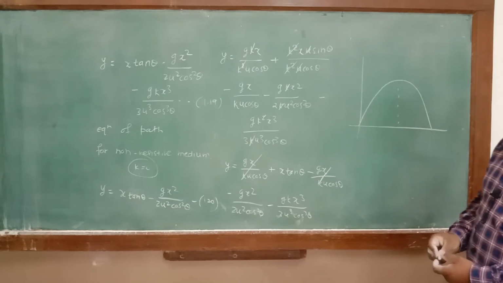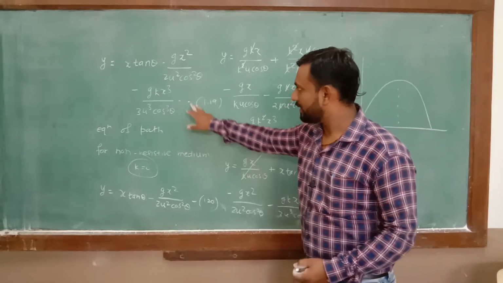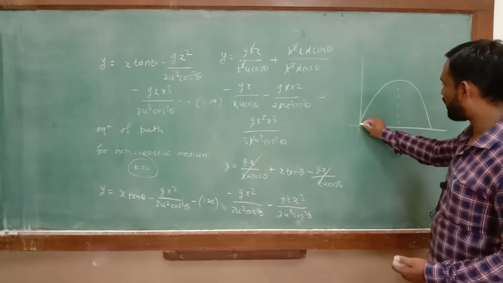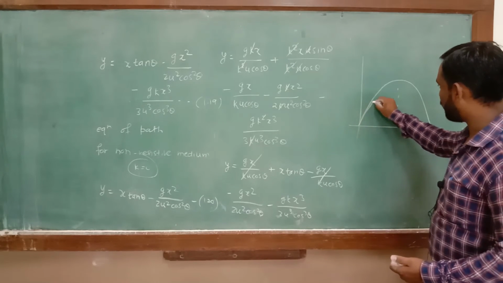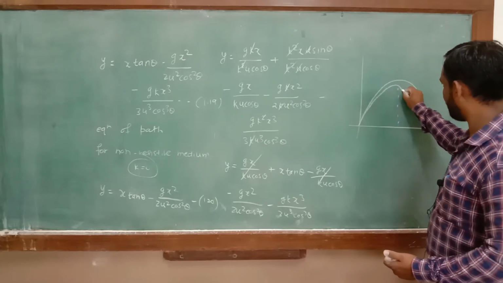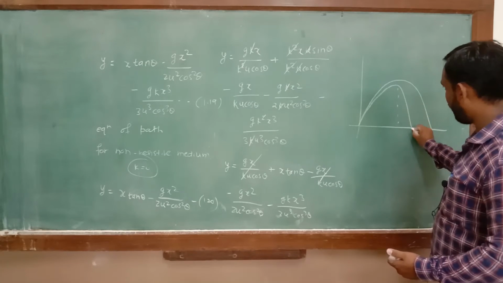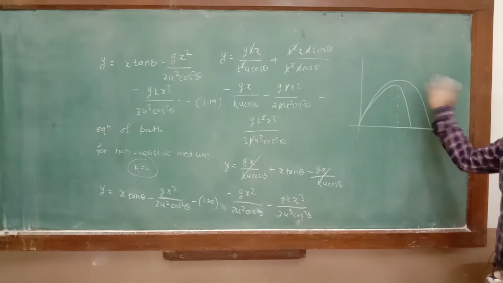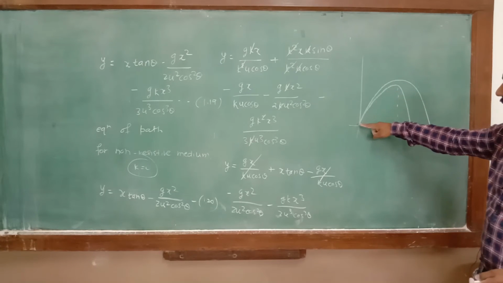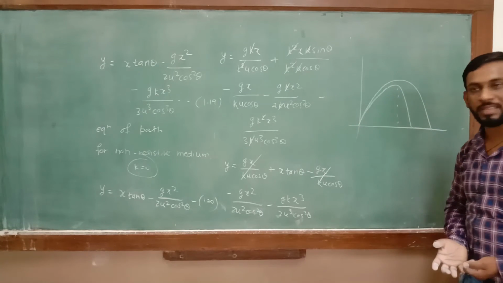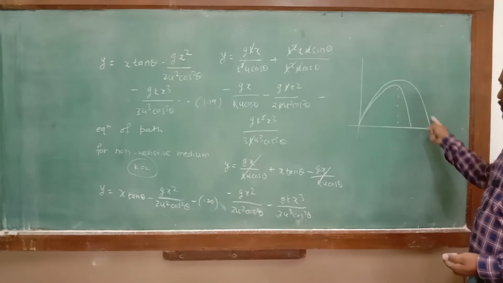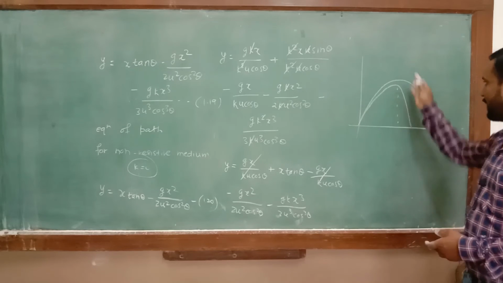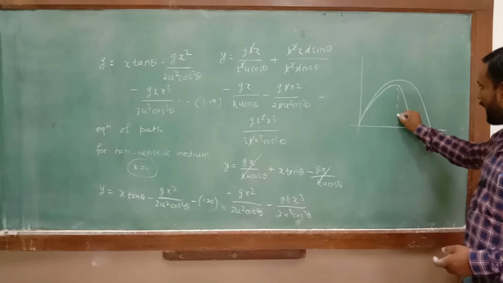But if we have a resistive medium and the equation of path depends on the K value, in that case the motion of the projectile looks like this. Okay, so look at these two projectile paths. If the resistive medium is absent, the path followed by the projectile is symmetric about the maximum height point.